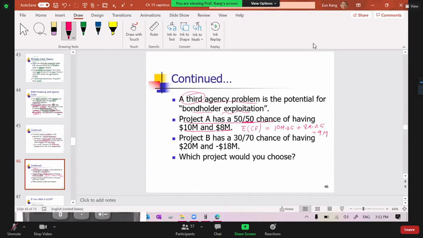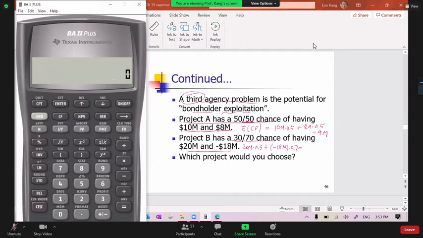Or, 50-50, so 10 plus 8 divided by 2 is 9 million. Project B has a 30/70 chance of having 20 million or minus 18 million, so 20 million times 0.3 plus minus 18 million times 0.7.